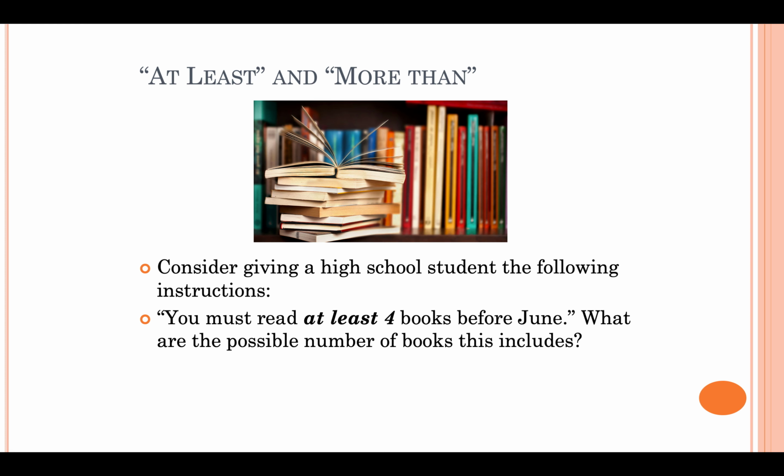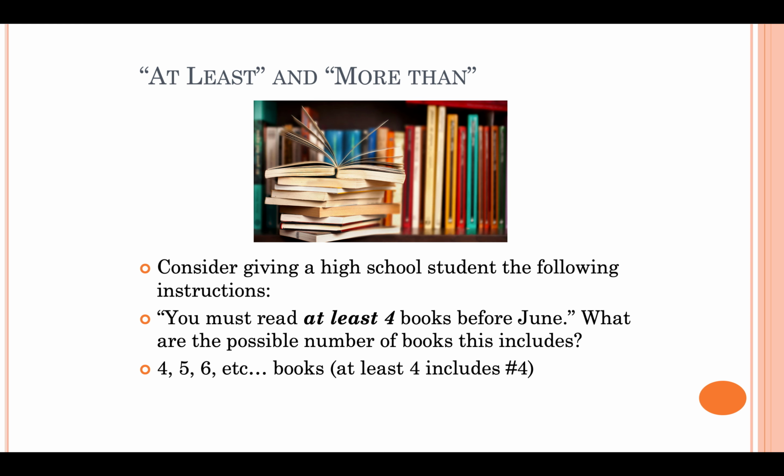And what does that mean? What does at least 4 books mean? Well, when you say at least and you have a number attached to it, you mean to include the number 4: 4, 5, 6, etc. And it would go on. So at least 4 refers to 4, 5, 6, and more. So at least 4 includes the number 4.